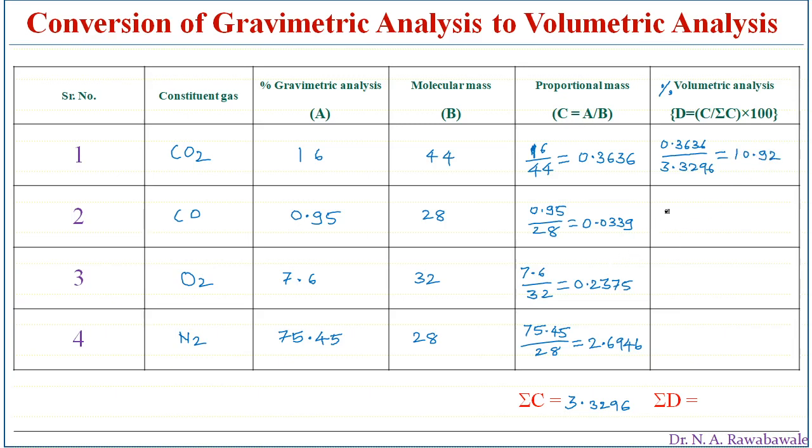The next one is carbon monoxide, 0.0339. This 0.0339 is the value of C. The summation of C is 3.3296, and this has to be multiplied by 100.